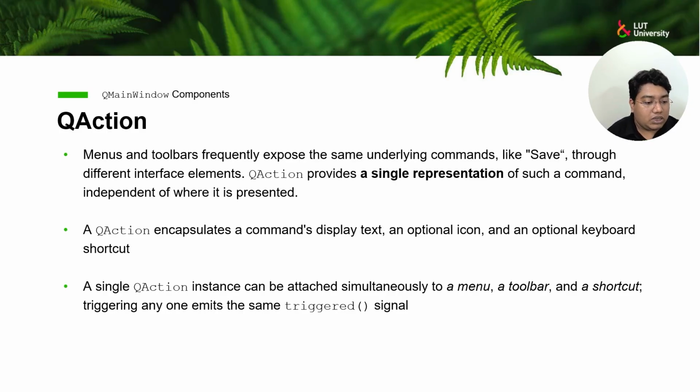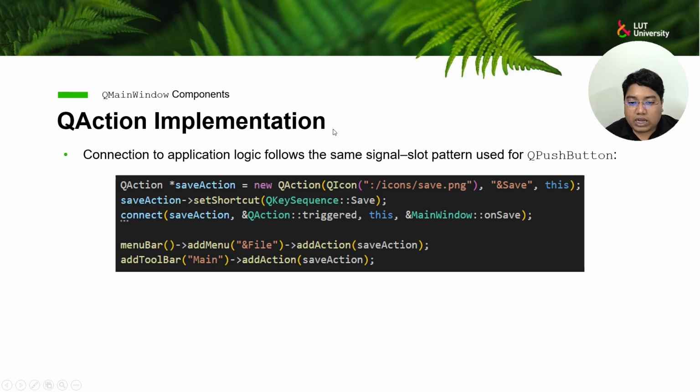No matter how the user activates the command, the exact same signal is always emitted. This keeps our code much cleaner because there's only one implementation of the action. So let's take a look at a simple QAction implementation here. As you can see, it's almost similar to how we implemented QPushButton.